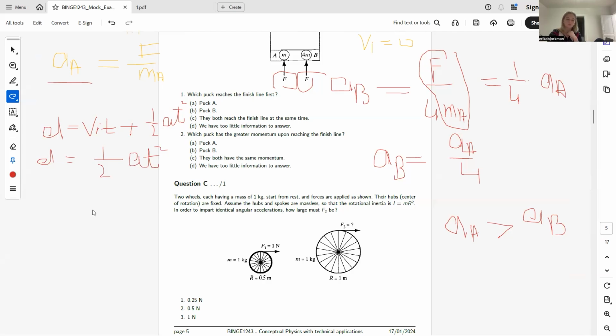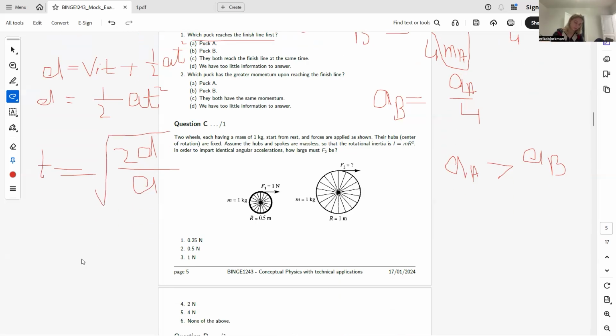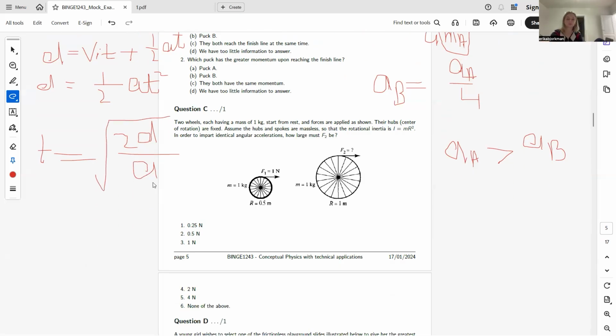Okay, so we need to isolate the value of t, because our question is which puck reaches the finish line first. Actually, we want to ask about the time. So we need to isolate the time, then our relation will become t is equal to square root of 2d divided by a. It is again showing that time is inversely proportional to the acceleration.